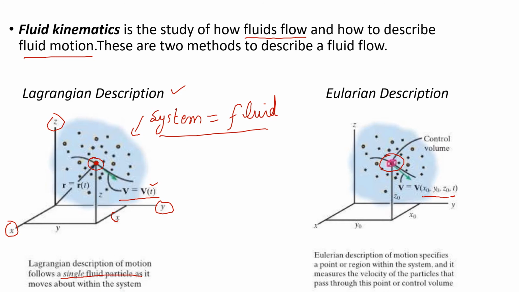So the basic difference between these two descriptions was that in the Lagrangian description we would be studying properties with respect to time only, and in the Eulerian description we would be studying properties with respect to position and time both. This is the basic difference in these two descriptions of flow that we defined in our fluid kinematics.